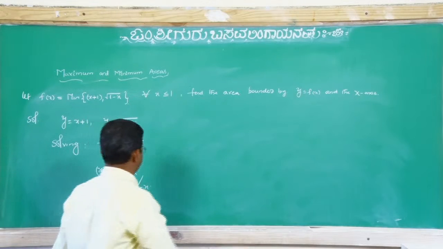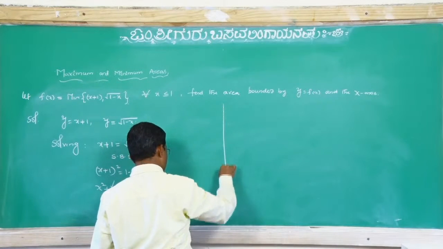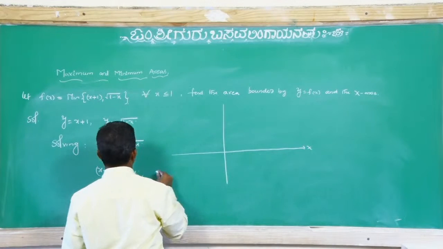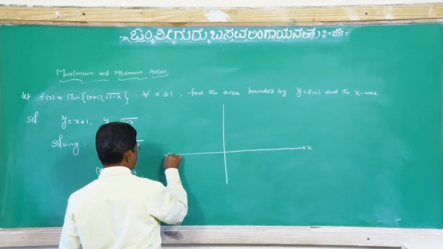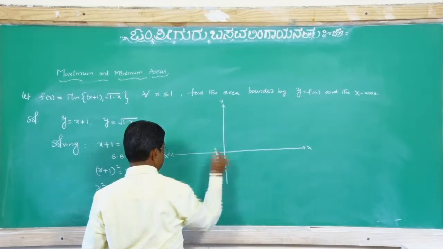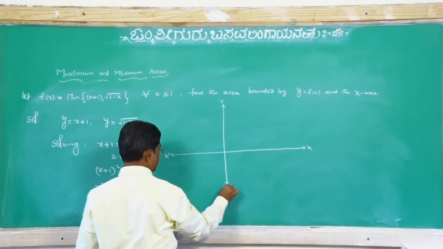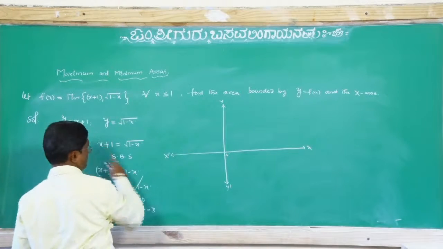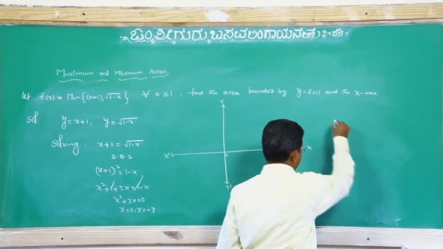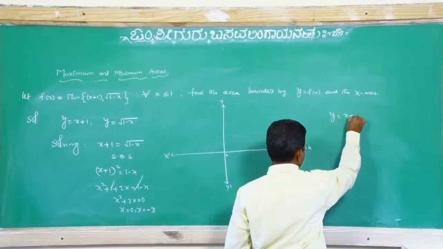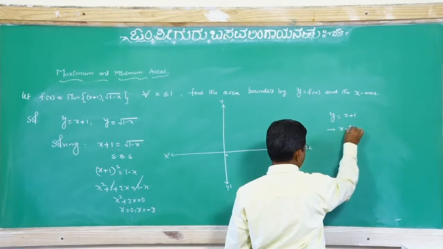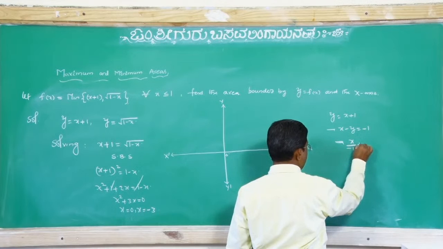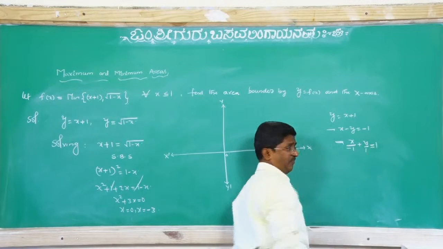Right. Come to the location of the graph. This line is the x dash, this line is y dash, this is 0. Y is equal to x plus 1 line graph. Y is equal to x plus 1 can be written in intercept form as x minus y equal to minus 1, x by minus 1, y by 1 equal to 1.